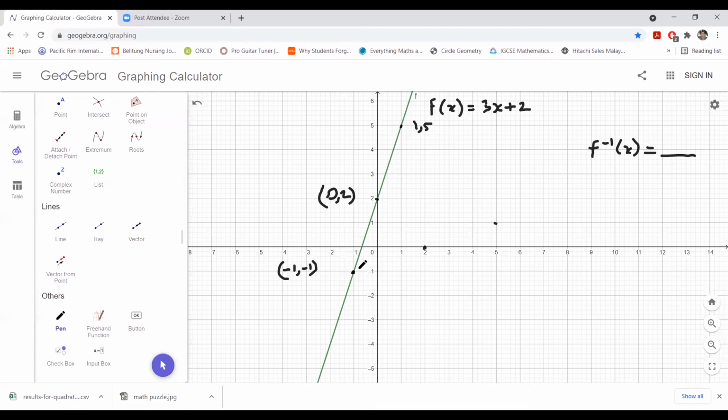So let's draw your inverse like that. So put your inverse in. You've got a ruler, and I'm sure you're quite good at drawing straight lines in your program. So continue that. But think about now, look at this slope here. This was 3, wasn't it?